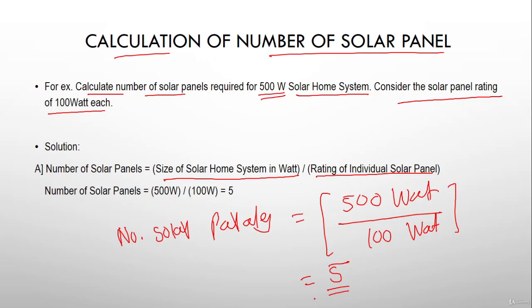So simply, the size we require divided by the rating of the individual panel we are selecting from the market, so we have to take that into consideration. According to that, in the case study we are going to see how we match the voltage and the current on an individual string basis and an individual connection basis over here.